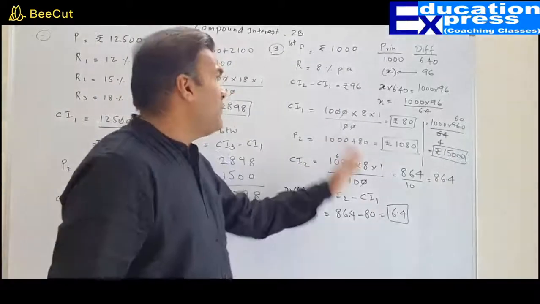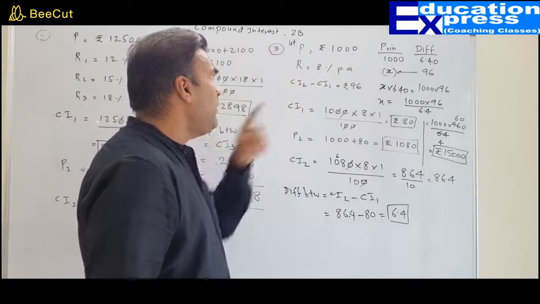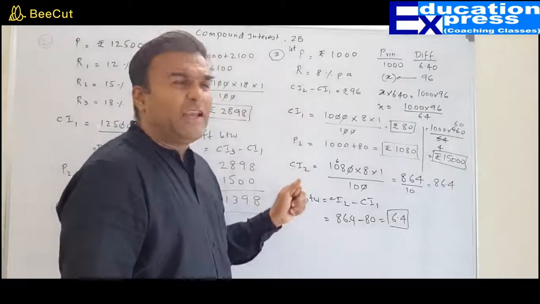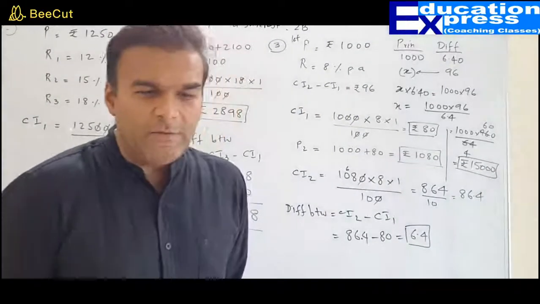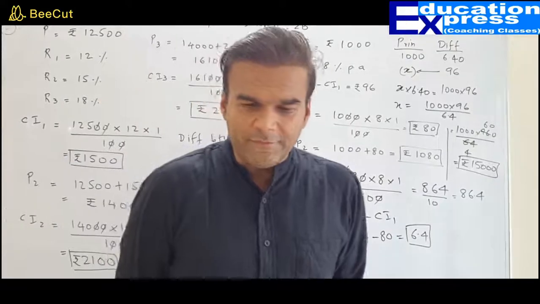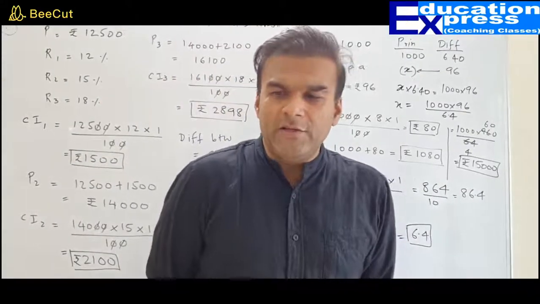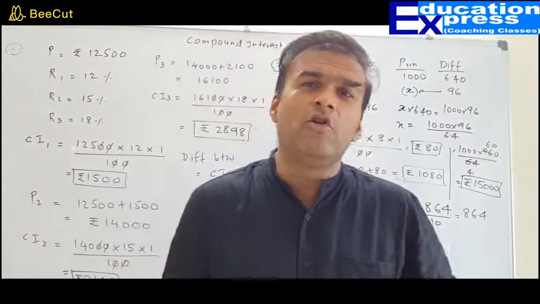Let us do one more time the same sum. Principal, I assume let the principal be 1000. Rate 8%. Compound interest difference for the second year and the first year is 96 rupees. You know what the question is saying? They are saying that sir, some amount I have given on loan.